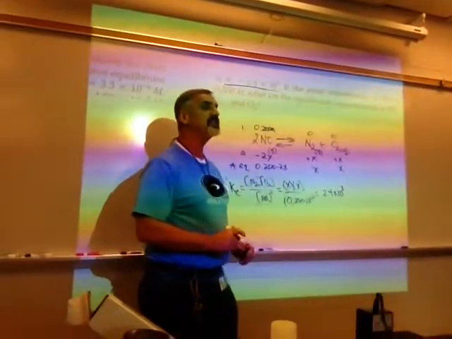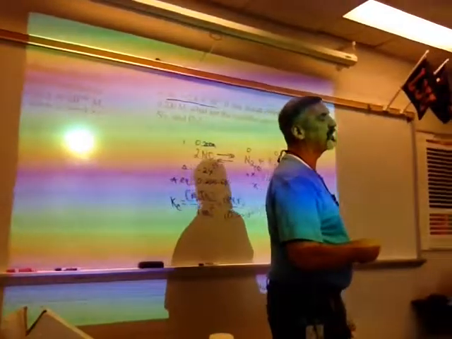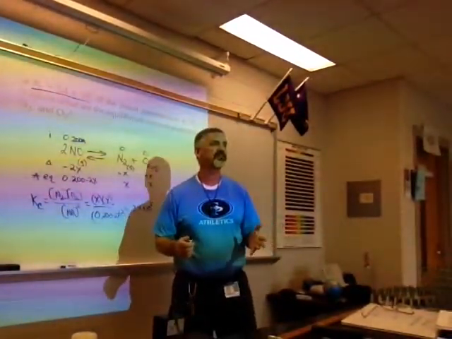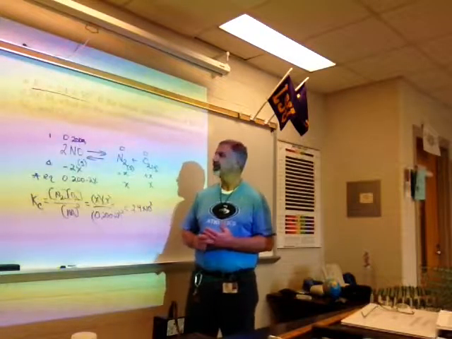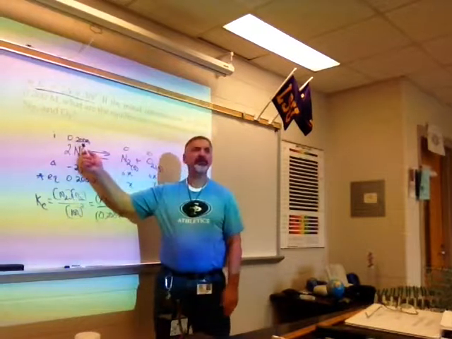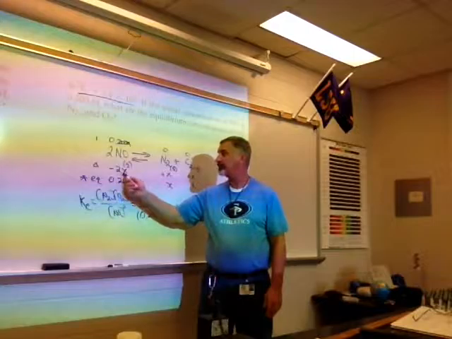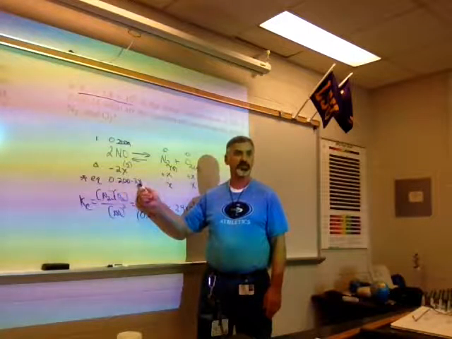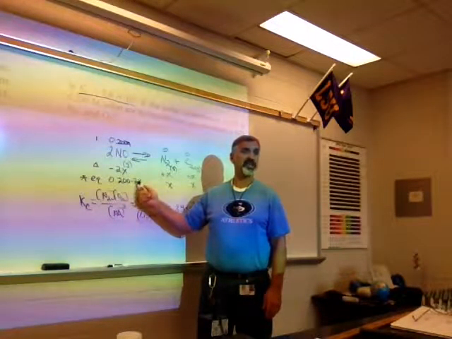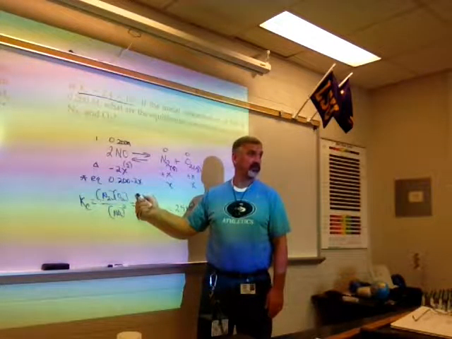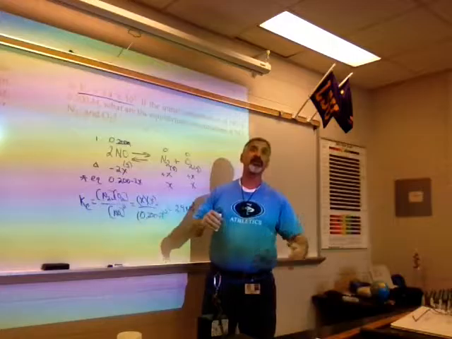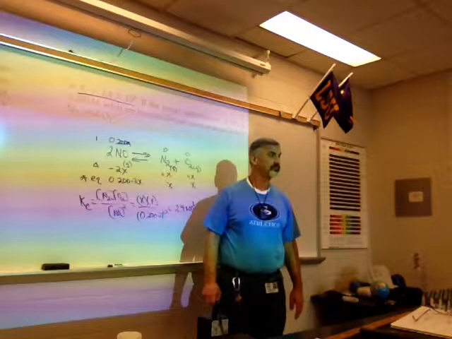You're going to get 2 answers. One of them generally is negative. It can't be a negative number, so you can throw that one out. If you get 2 positive numbers, one of them will probably be bigger than 0.2, or when you multiply by 2x it will be greater than 0.2, which is irrational. You can't have more than what you started with in reactant. That's how you eliminate one of your answers.